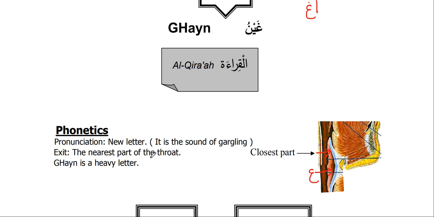So now it is a new letter. It's the sound of gargling as you do when you gargle. It's the nearest part of the throat, where you swallow the morsel of your food. Okay, and ghain is a heavy letter.